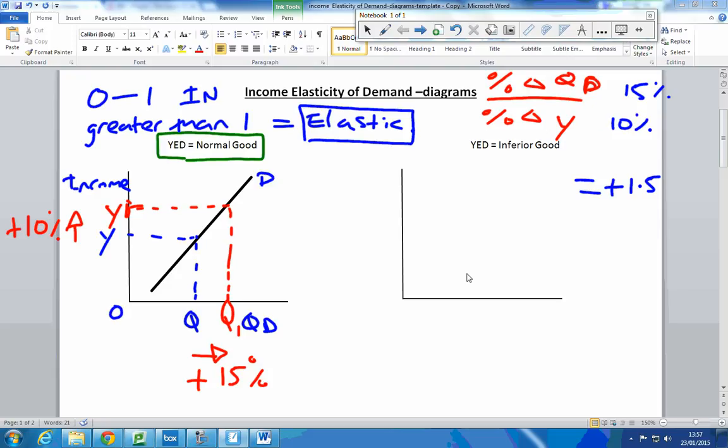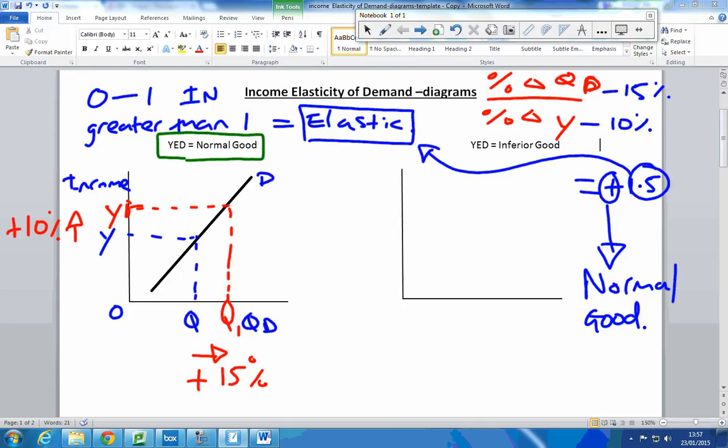If there was a fall in income by 10% and that would lead to a fall in the quantity demand, it would still be plus 1.5. So the plus sign with income elasticity immediately tells you that the good is a normal good. And the number will tell you about the level of change. In this case, we know it's elastic.